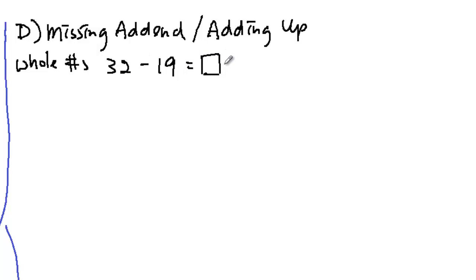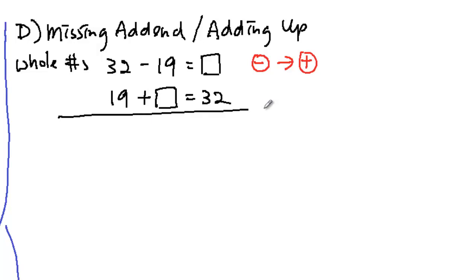And remember, when we did the whole number, we are basically changing subtraction to addition. So when we do that, we first start with 19 and need to add some number equal to 32. So change subtraction to addition, and the step is first you're going to add to the next 10.